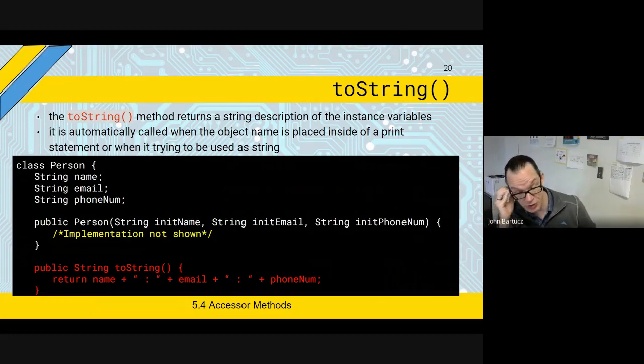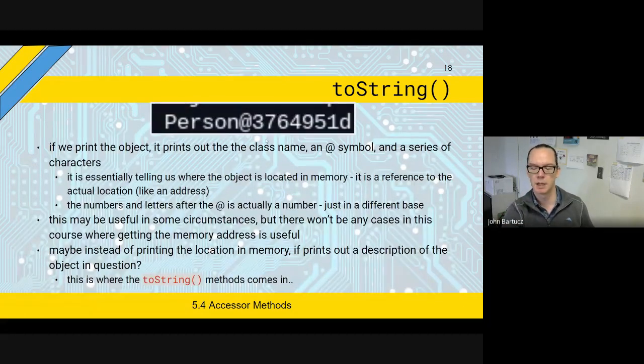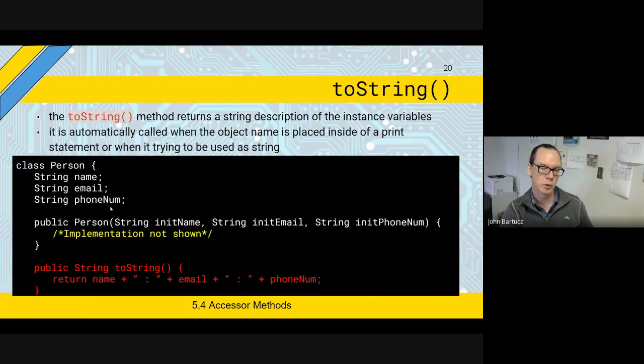It has to be spelled just this way, but then Java knows that when I print out a person object, it's going to print out the name, a colon, the email, a colon, and the phone number. So instead of printing out person at blah, blah, blah, blah, it will print out what you expect, the name, the email, and the phone number. So anytime you're writing classes, you often want to have this type of method in it.